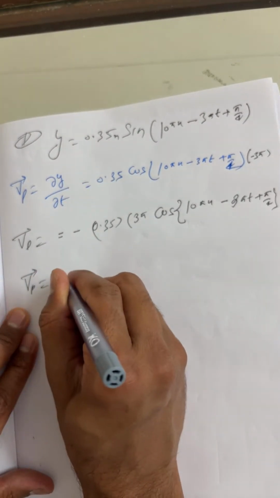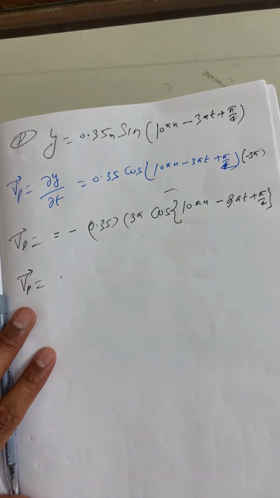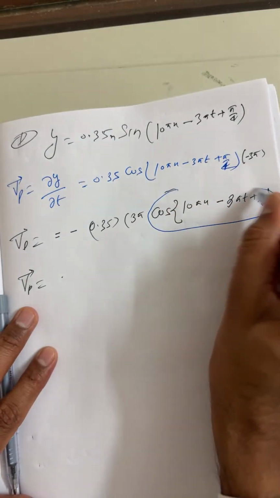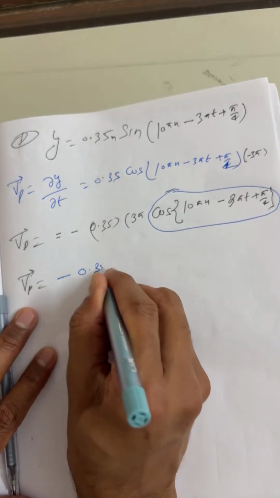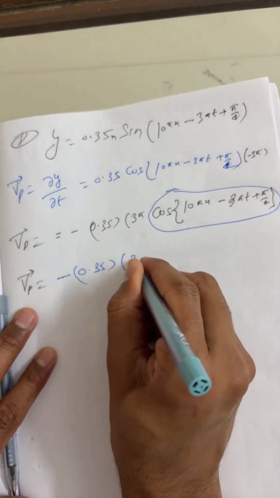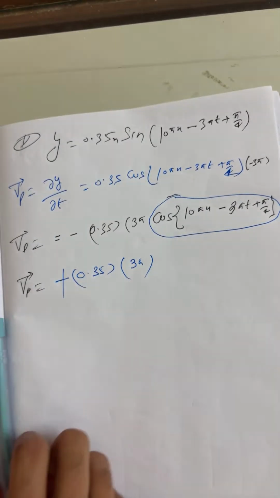You can write with this, I'll take this entire term as minus. So this is minus 0.35 into 3 pi beta, minus minus plus.